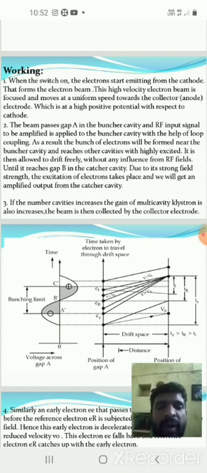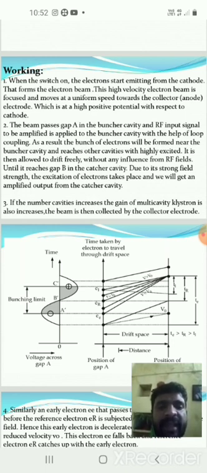The beam passes gap A in the buncher cavity, and the RF input signal to be amplified is applied to the buncher cavity with the help of loop coupling. As a result, the beam of electrons is bunched near the buncher cavity and reaches the other cavities highly excited.